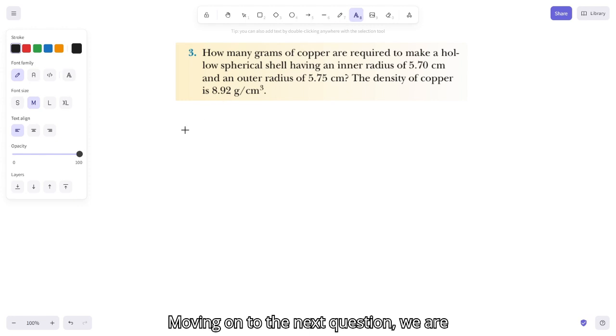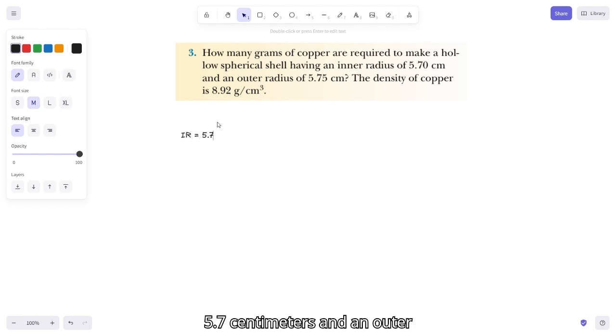Moving on to the next question, we're asked how many grams of copper is required to make a hollow spherical shell that has an inner radius of 5.7 centimeters and an outer radius of 5.75 centimeters. And we are given the density of copper to be 8.92 grams per cubic centimeter.